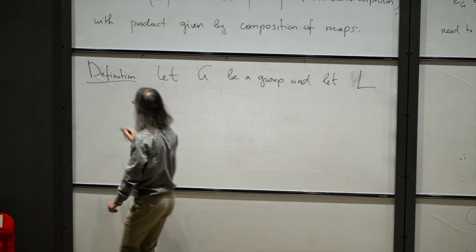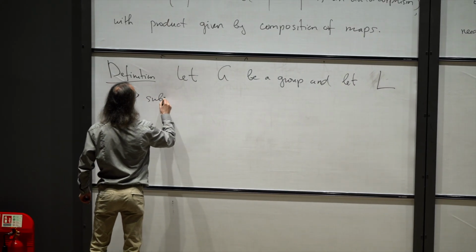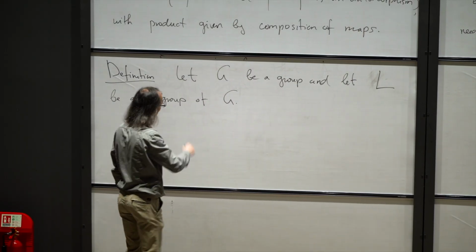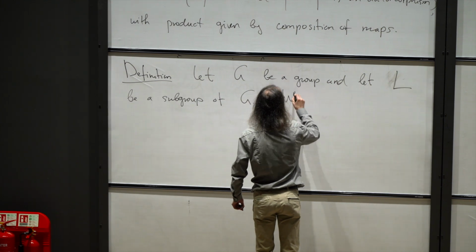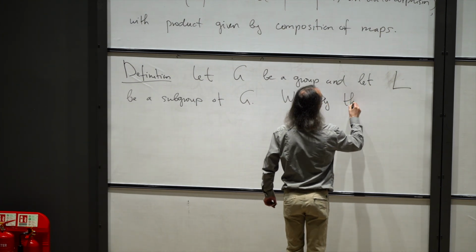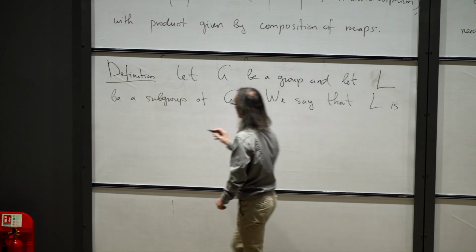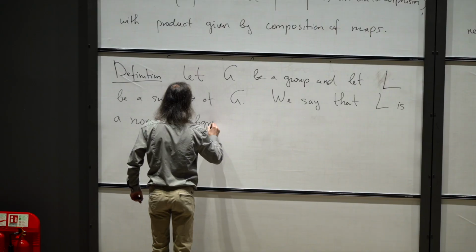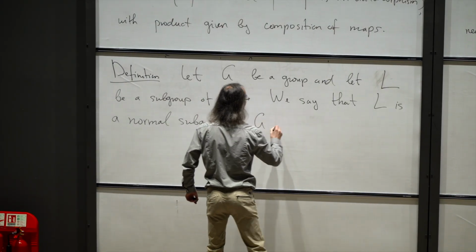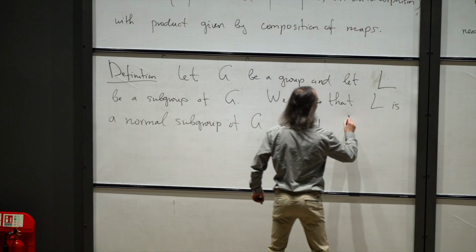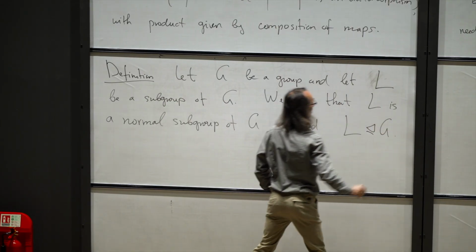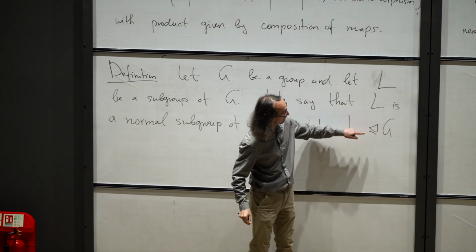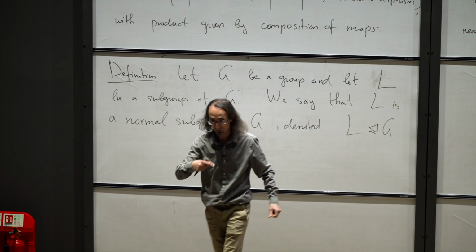Let L be a subgroup of G. We say that L is a normal subgroup, denoted, so this is the notation for normal subgroups, by a triangle pointing towards the subgroup.